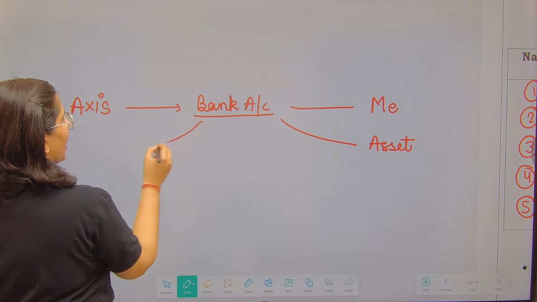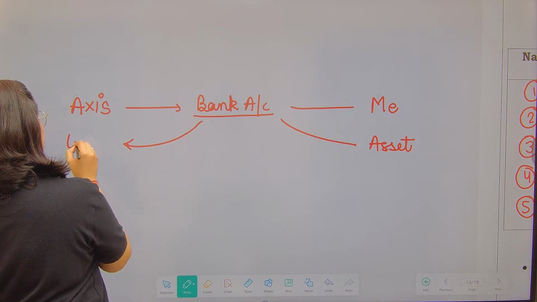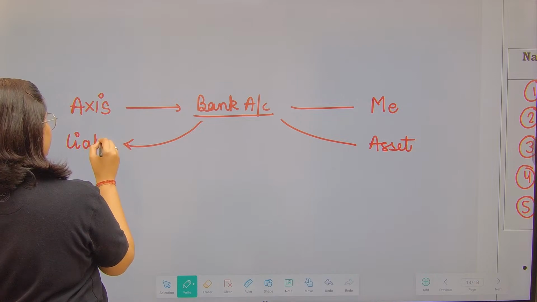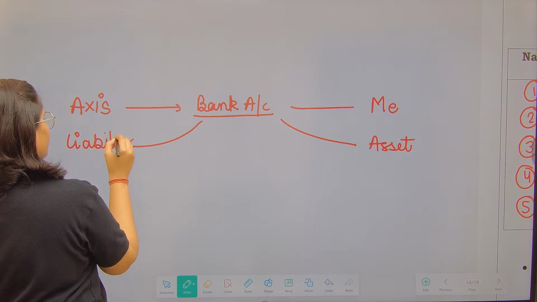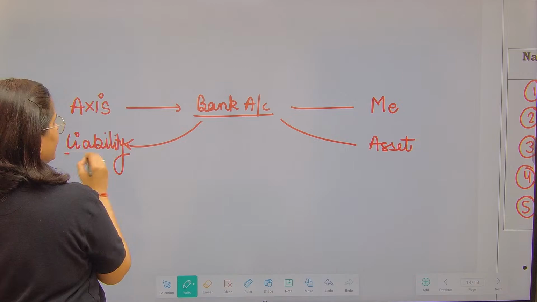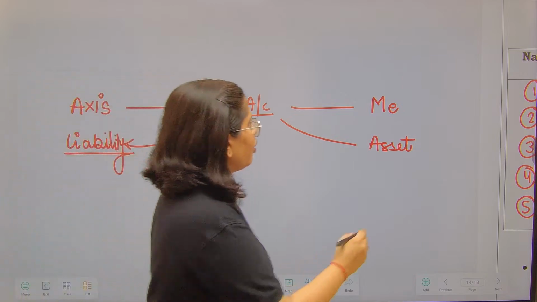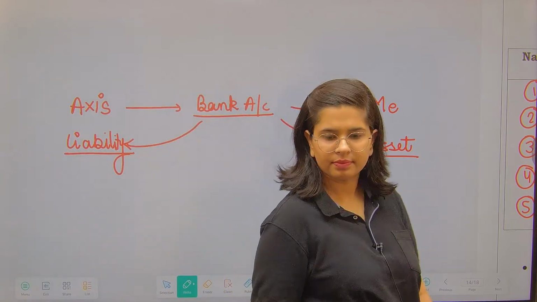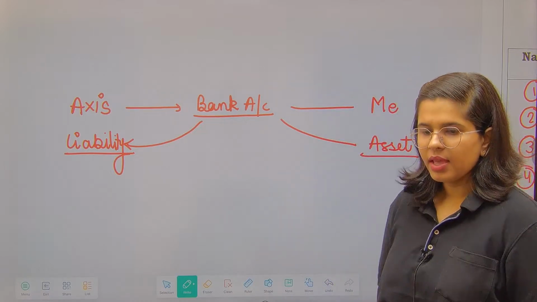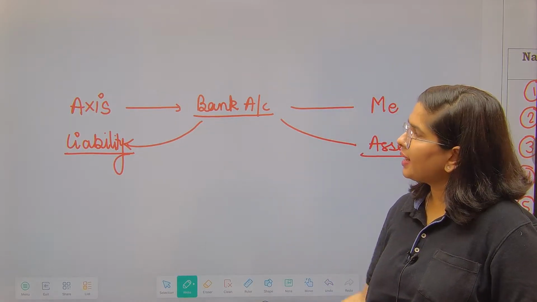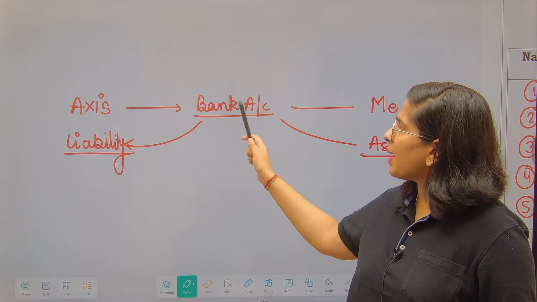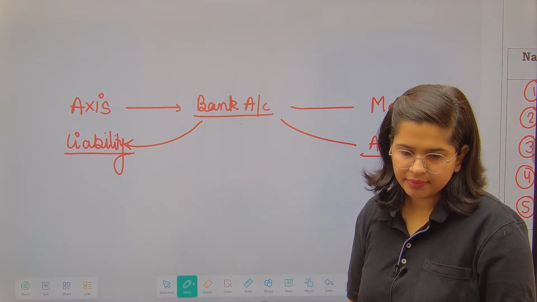For Axis Bank, my bank account is a liability. Did I say that correctly? How many of you agree with that, that for Axis Bank my bank account is a liability?